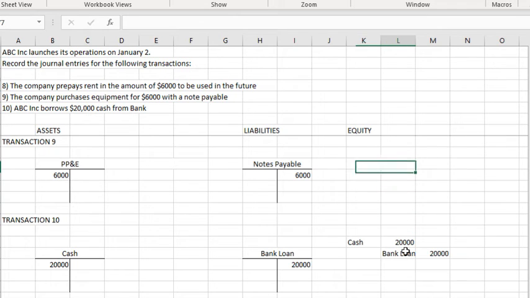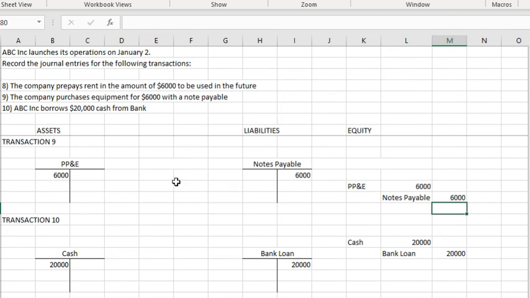Similarly here, for transaction number 9, I would debit PP&E in the amount of $6,000, and notes payable is going to be credited by that amount. So this is another way to write these transactions. I prefer T accounts, but you can generalize the transactions this way as well.